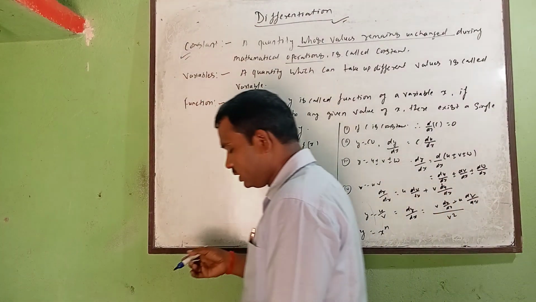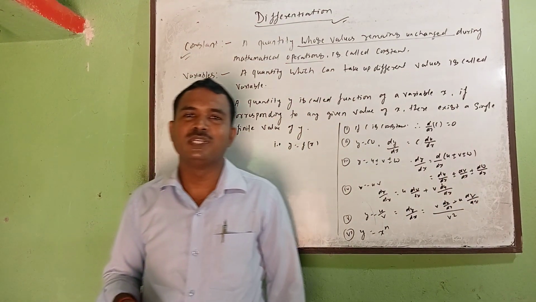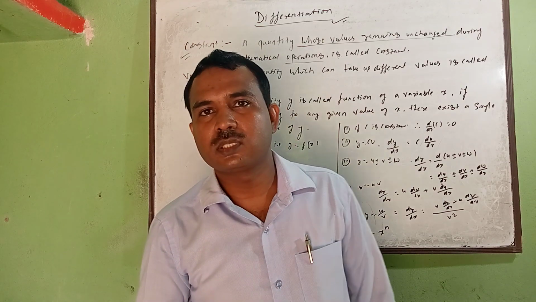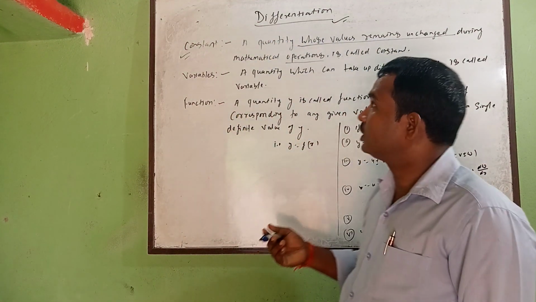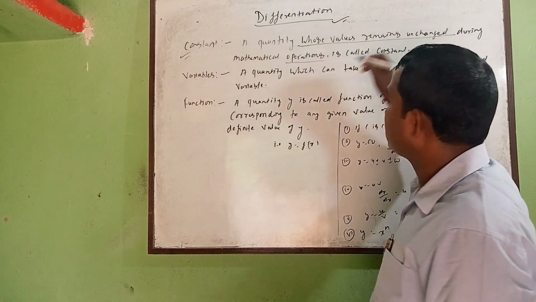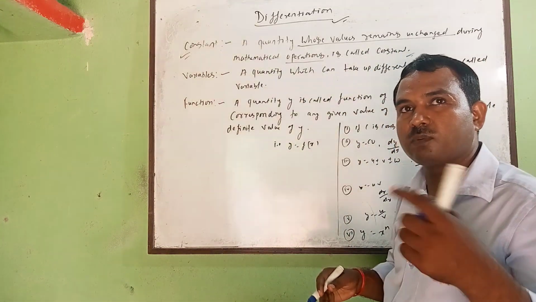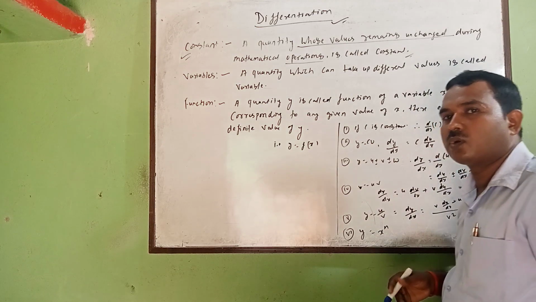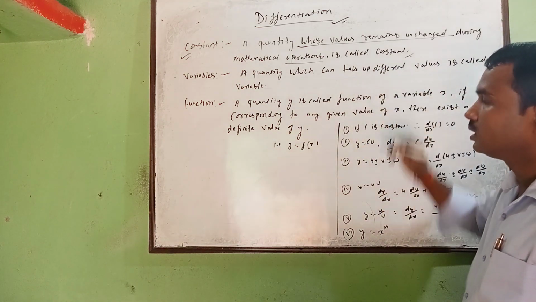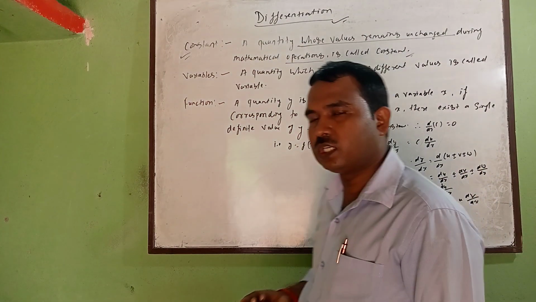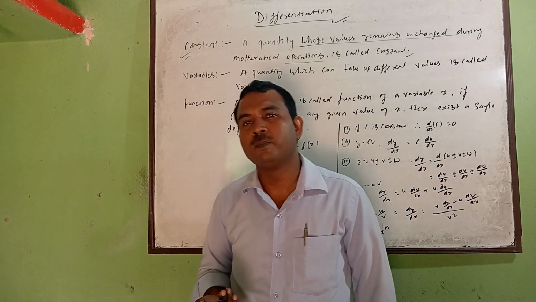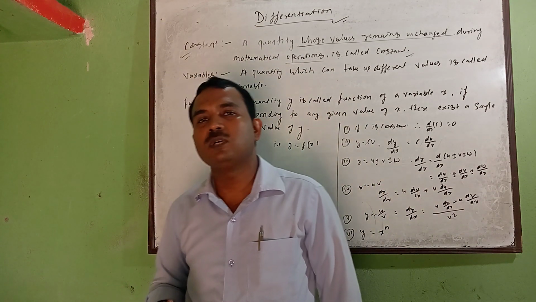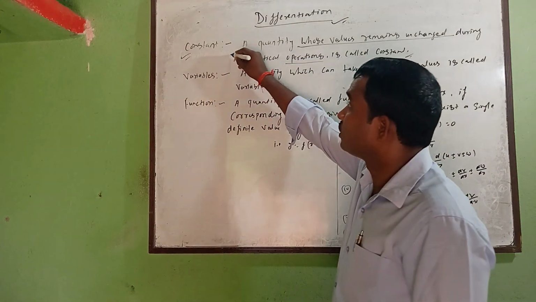Mathematical operations mean addition, subtraction, multiplication, division. Whenever you do these, it will not change, that is the constant. These are simple numbers, that may be negative or positive, or rational also. So any number is called a constant.